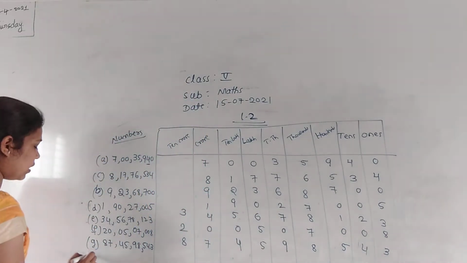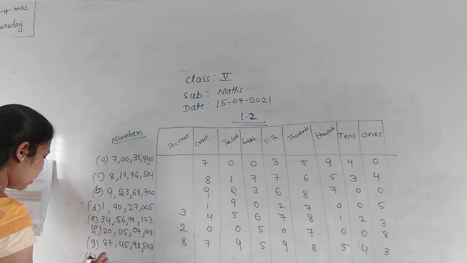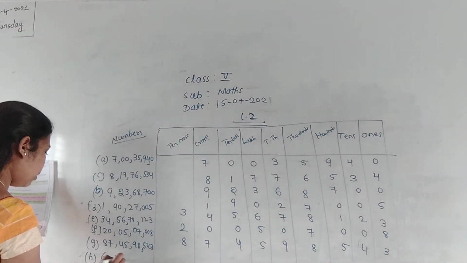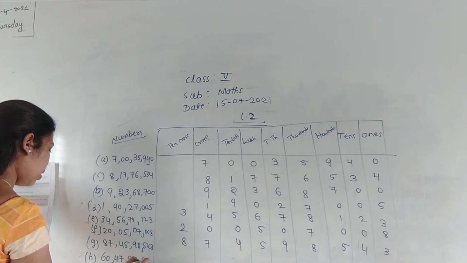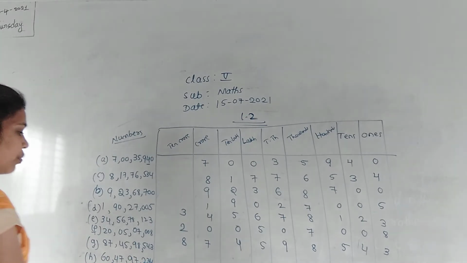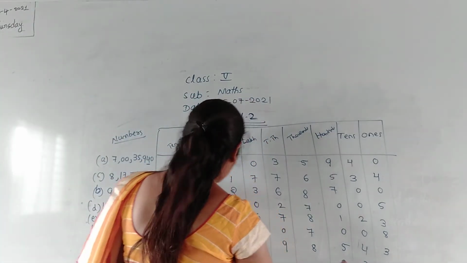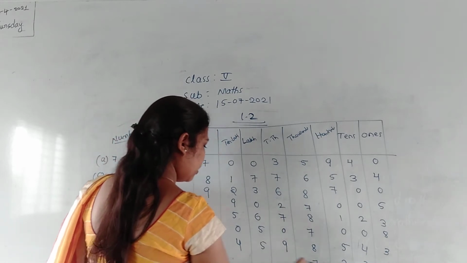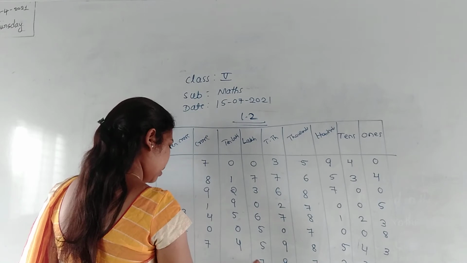Okay. So next, last one, H. 60 crore 47 lakh 97,234. So write here 4, 3, and here 2. Next value is 7 here. Next 9. And here also 7.